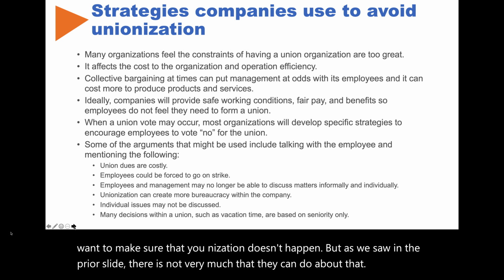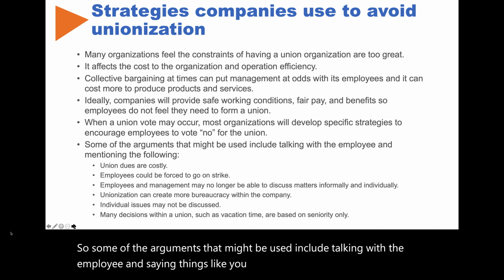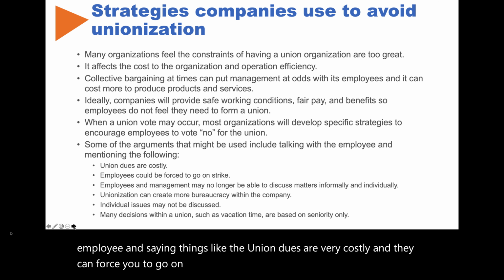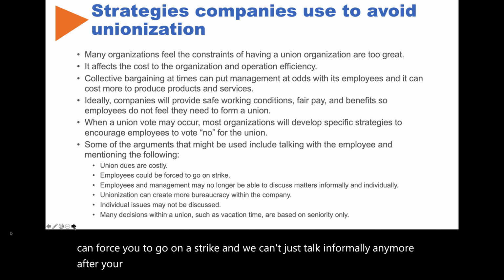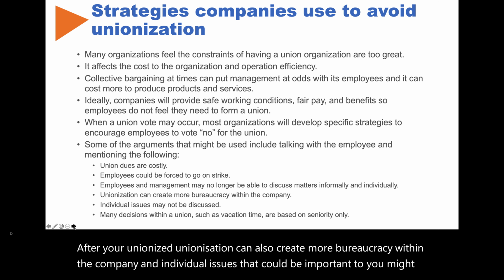So some of the arguments that might be used include talking with the employee and saying things like, well, the union dues are very costly and they can force you to go on a strike, and we can't just talk informally anymore after you are unionized. Unionization can also create more bureaucracy within the company, and individual issues that could be important to you might not be discussed.